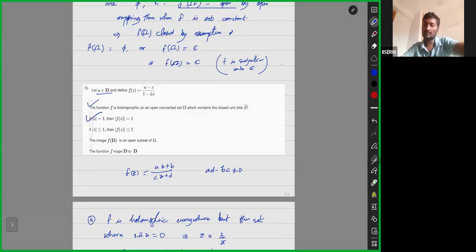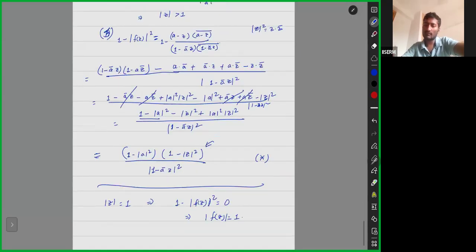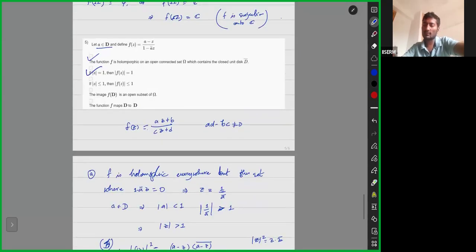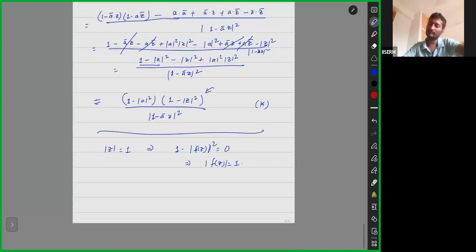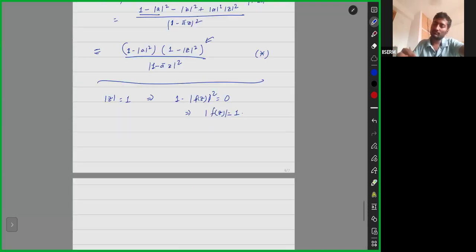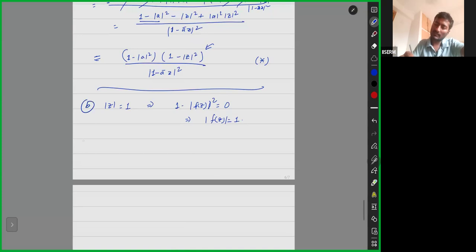Now what about the third option? When mod of Z is less than or equal to 1, what happens? The first value, 1 minus mod A square, is anyway less than 1 because A belongs to the unit disk.